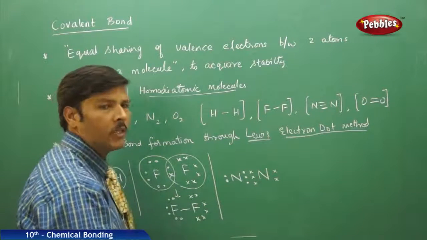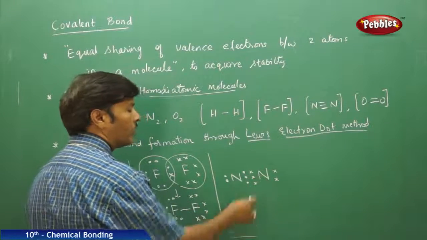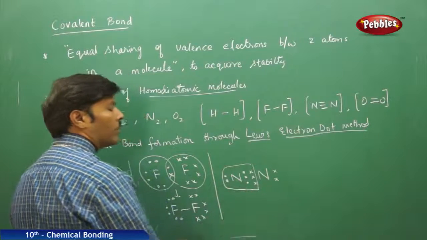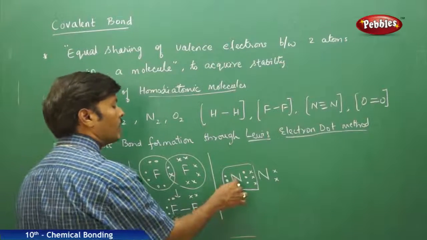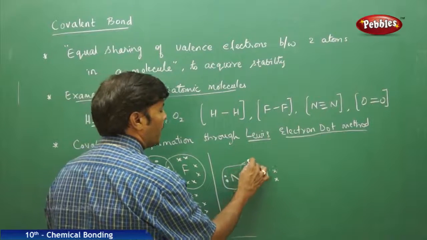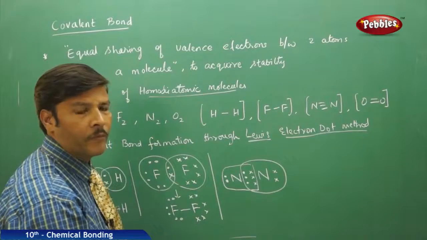So both the nitrogen atoms share these valence electrons equally. After sharing equally with the second nitrogen, the total number of electrons around the first nitrogen is 8, so it is acquiring octet stability. The second nitrogen also shares equally with the first nitrogen.